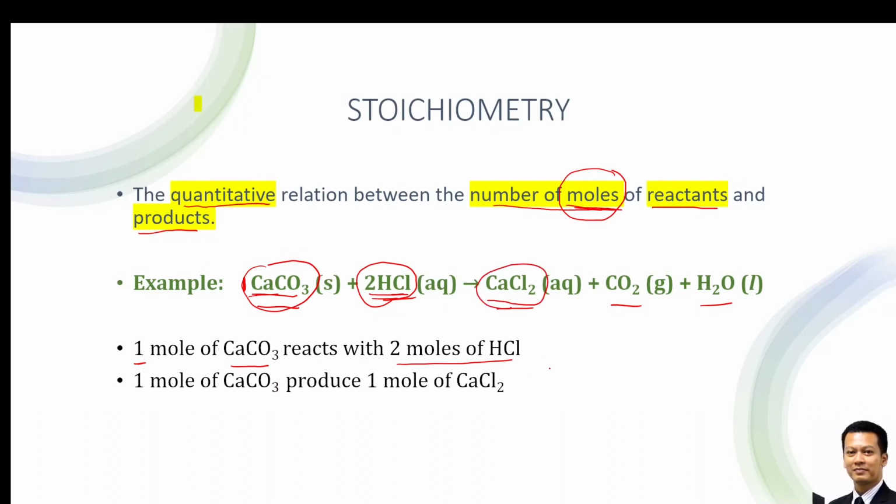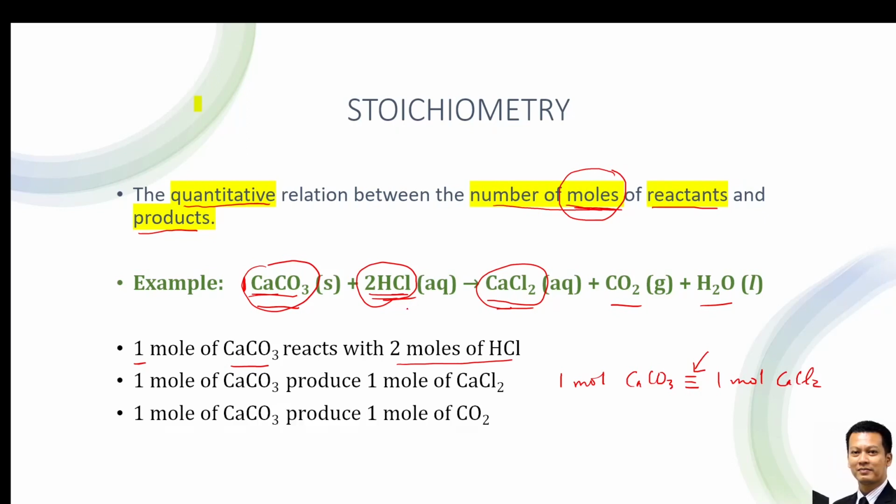If I write it in short form, it will be like this: 1 mole of CaCO3 produces 1 mole of CaCl2. This triple dash here means that it can be react, it can be produce, it can be anything. 1 mole of CaCO3 also produces 1 mole of CO2.